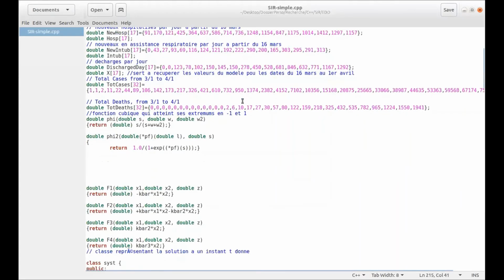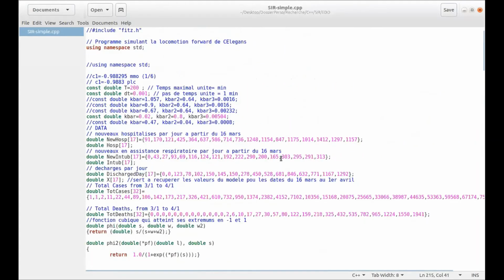And okay, so that's it about this model. I can send you this program if you want to work a little more on that and get a grade. I can share this program with you.